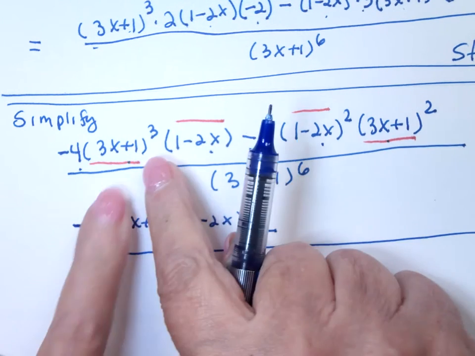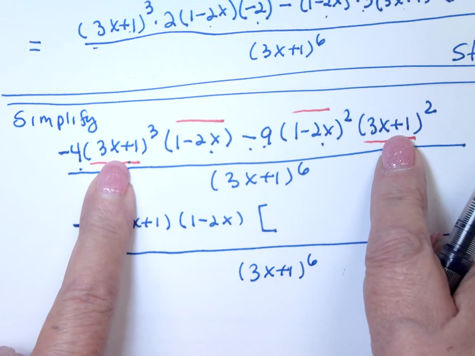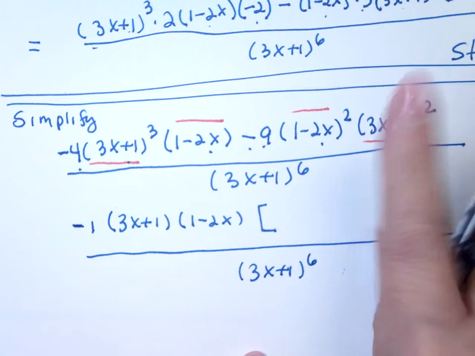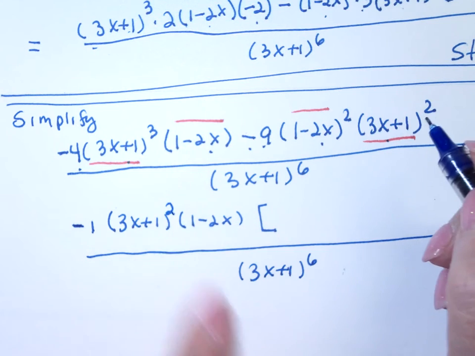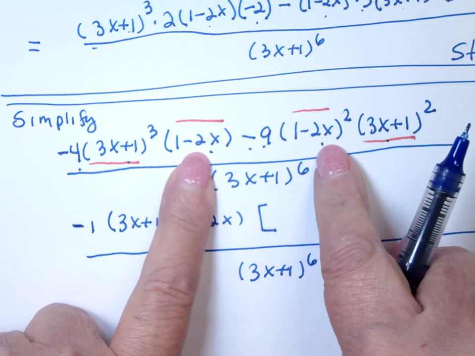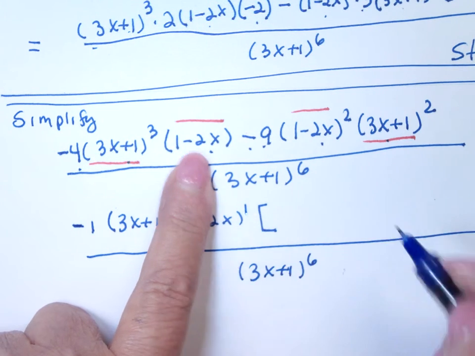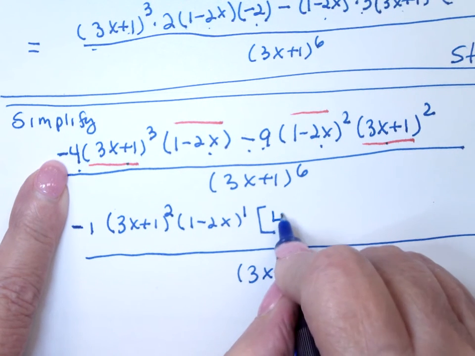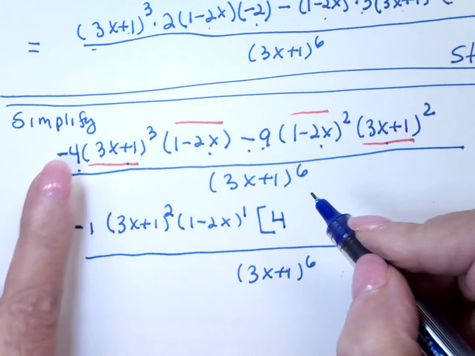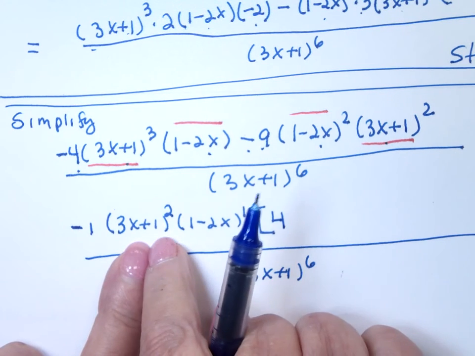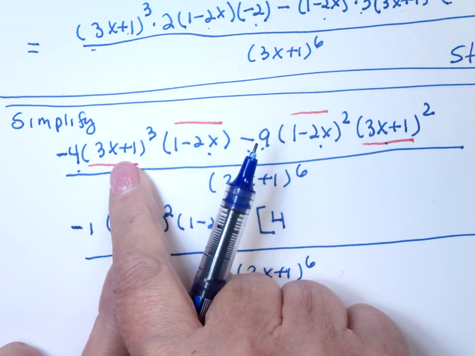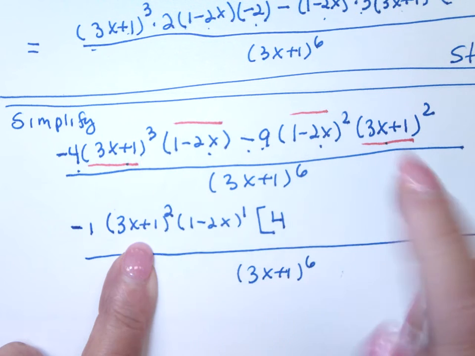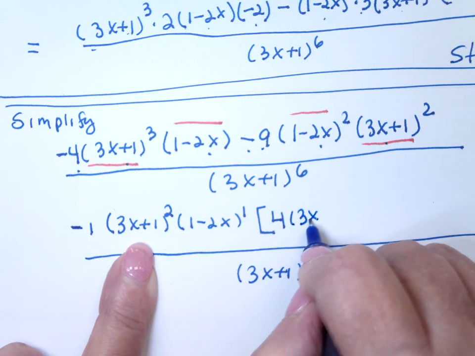Now, 3x plus 1, highest power is what? 2. And 1 minus 2x, highest power is 1. So I'm taking the negative 1, that gives me a positive 4. I'm taking a 3x plus 1 and a 3x plus 1 squared from a 3x plus 1 cubed is just a 3x plus 1.